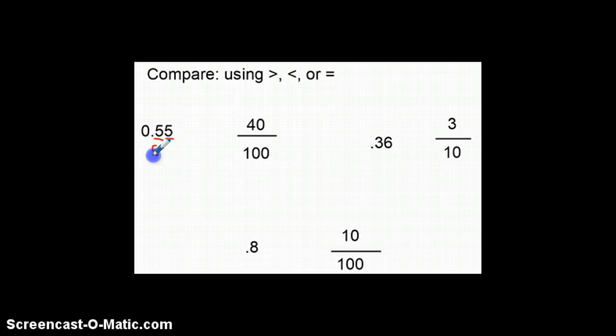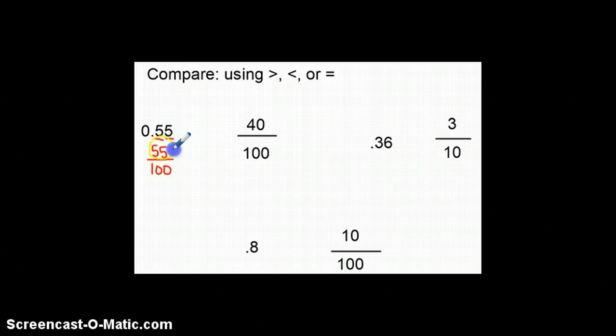So, 55 is going to go in the numerator, and then in the denominator will be the 100 because it's in the hundredth position. Now that the denominators are the same, they're both out of 100, we can look at the numerators.